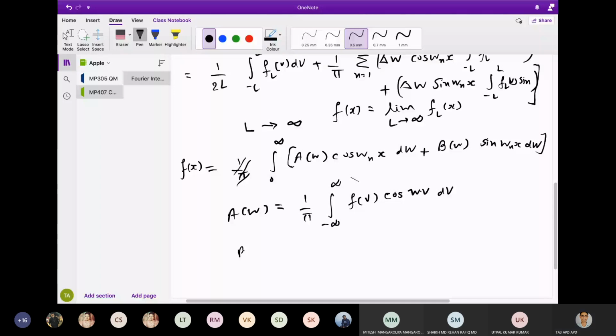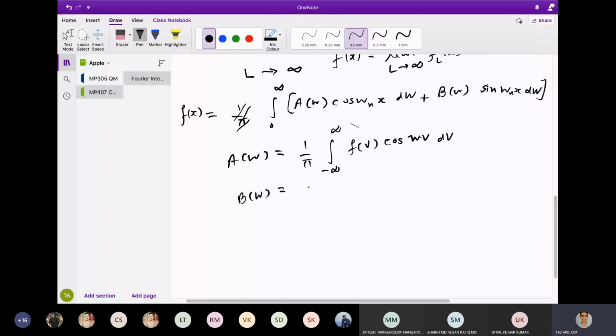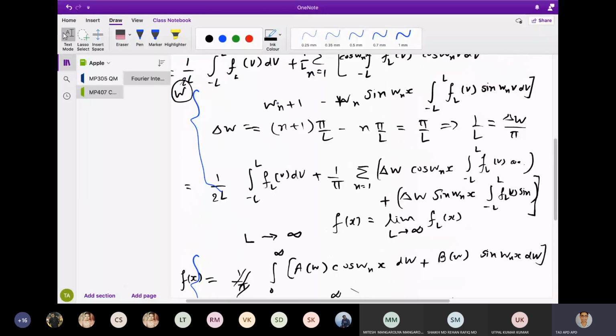And similarly, B is equal to 1 over pi integral from minus infinity to plus infinity of f(v) sin(wv) dv. So this whole picture is called the Fourier integral. We have replaced the whole summation by an integral, and let us just go back and see.